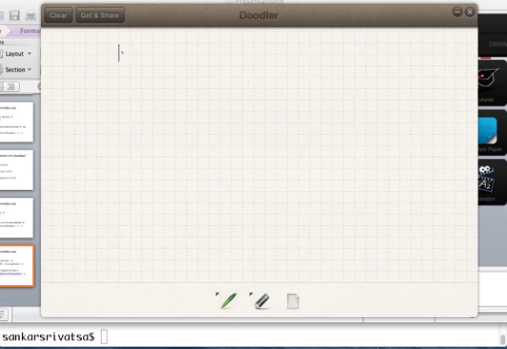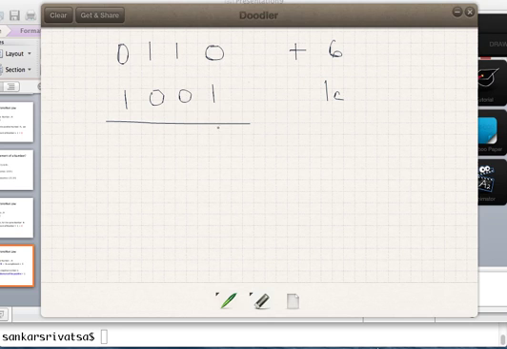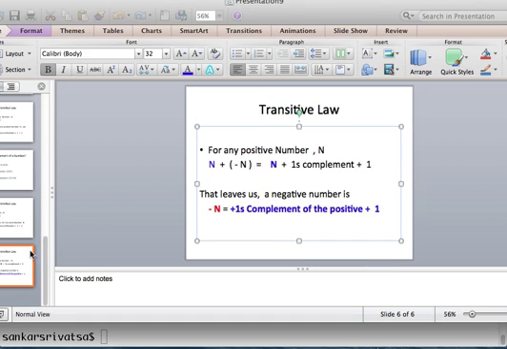Let's take a simple example here. Let's take 0110. This is 4 bits, positive 6. You need to put the 1's complement, which is 1001. Then we saw in the PowerPoint that 1's complement plus 1 becomes a negative of that.